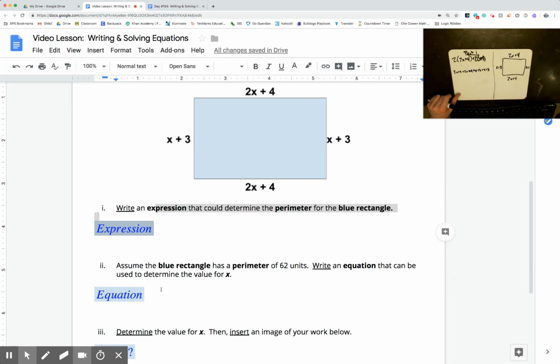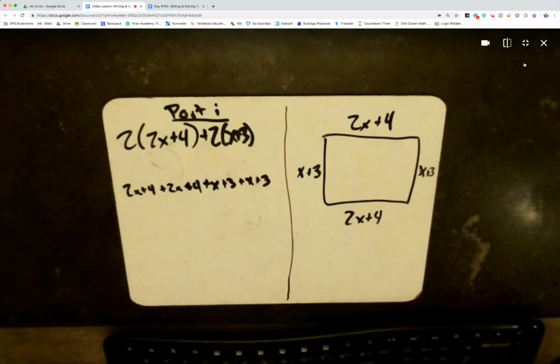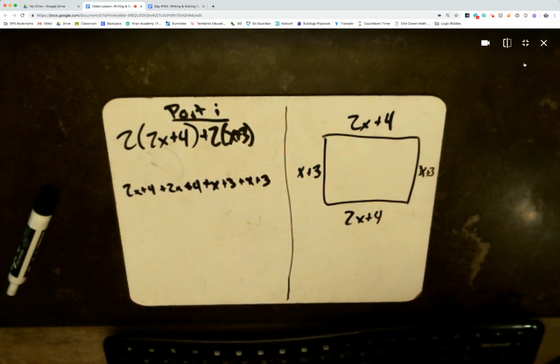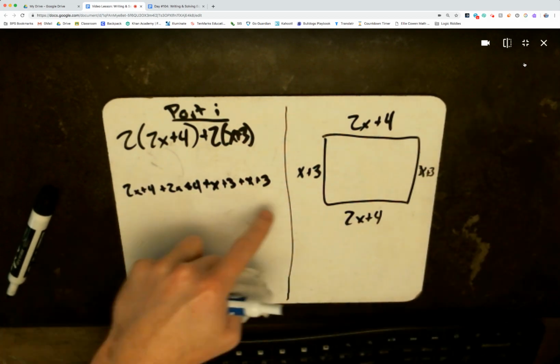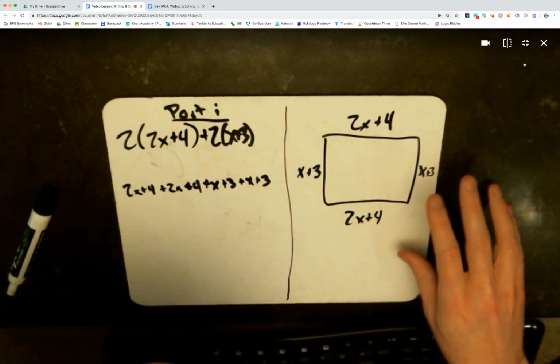Part 2 asks you to assume that the blue rectangle up here had a perimeter of 62 units and to write an equation that could be used to determine the value for x. So I'm going to go ahead, full screen this whiteboard, and before we switch over to another one and write a new equation here for that, I'm going to actually take the factored form expression and write that there. But again, you could be using your expanded form as the left side of our expression here as well.